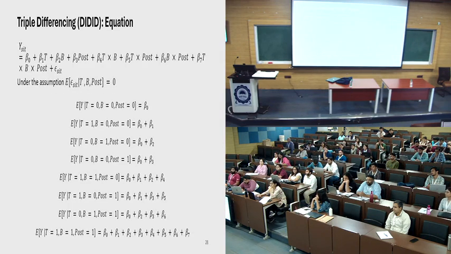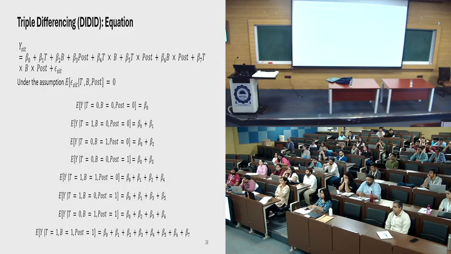So one way to think about it, this is what I want to do. Beta 1 T, then beta 2 B, and then beta 3 post, the program having happened. Then I want to multiply T times B, then the multiplication of T times the post. I'm just interacting constantly. Then I have the last one, T times B times the post.